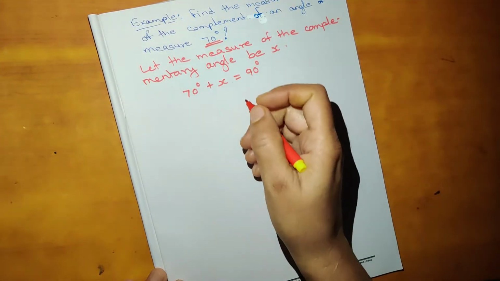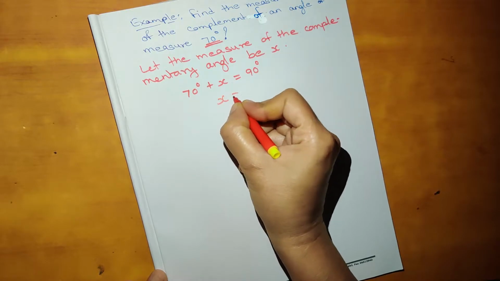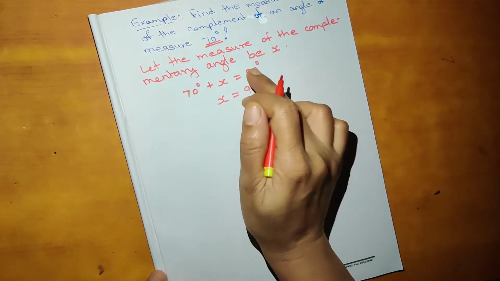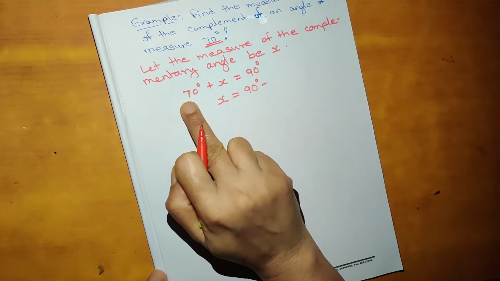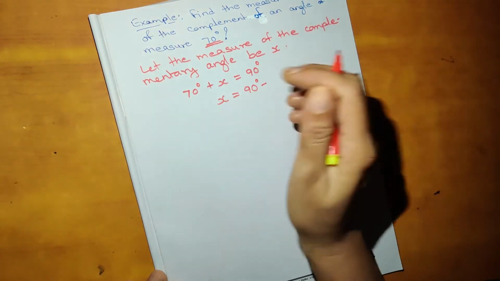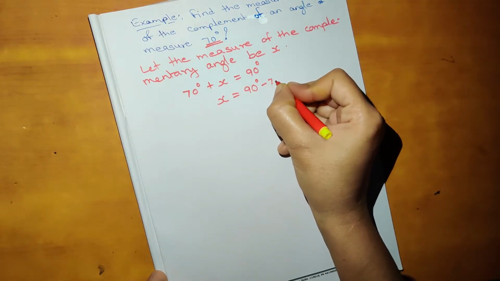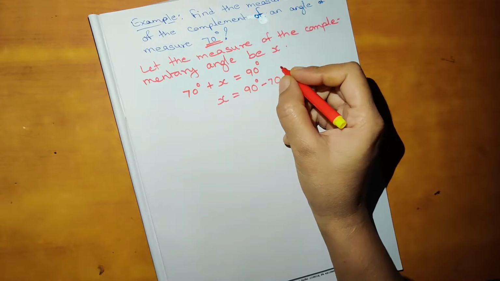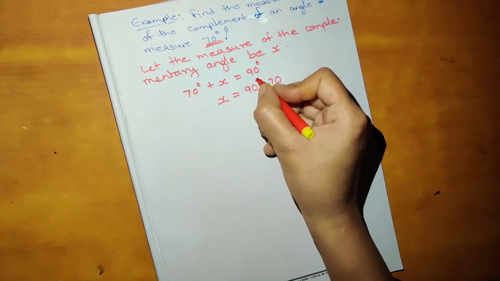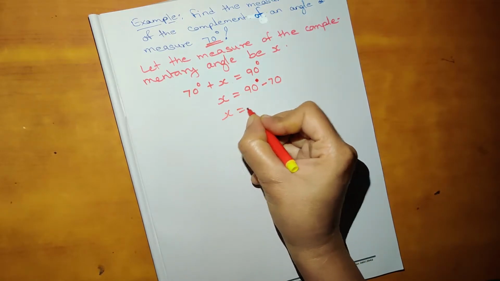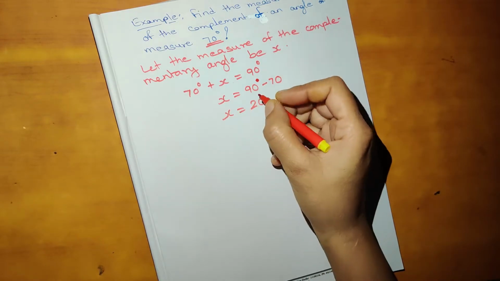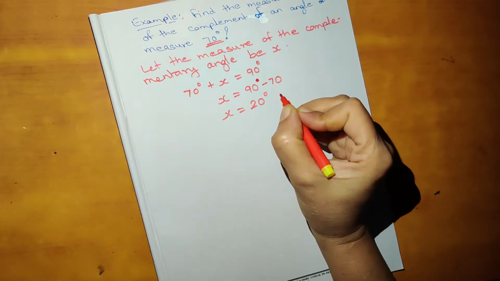So we will find the value of x. x is equal to 90 minus 70, because 70 will go to the right hand side, so plus will become minus. When we are solving, there is no need to write the degrees. So x is equal to 90 minus 70, it is 20.